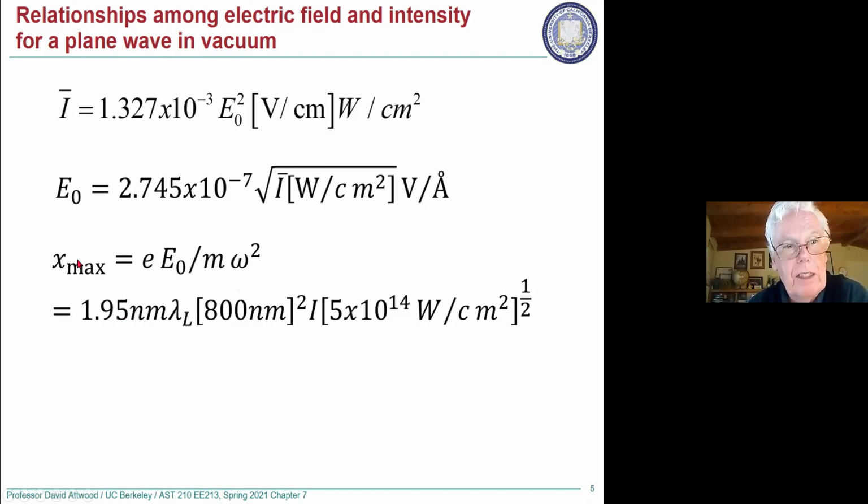So for instance, this is a really useful expression. Putting this equation into practical units, it's saying that the maximum excursion is roughly 2 nanometers if your wavelength is 800 nanometers and your intensity is 5 times 10 to the 14th watts per centimeter squared.